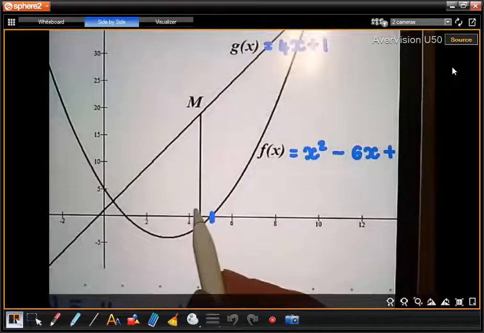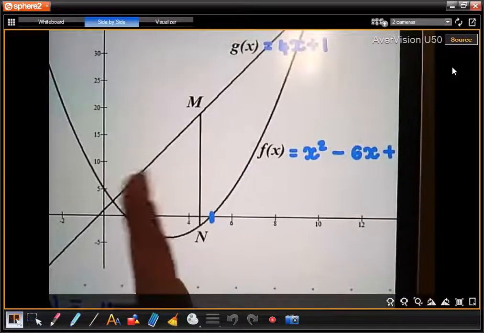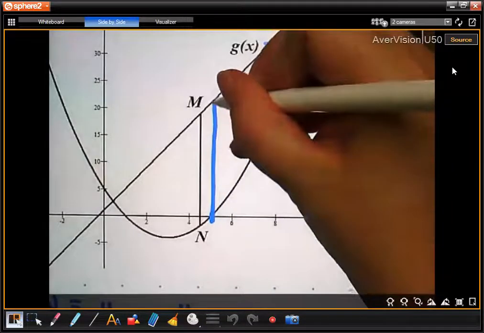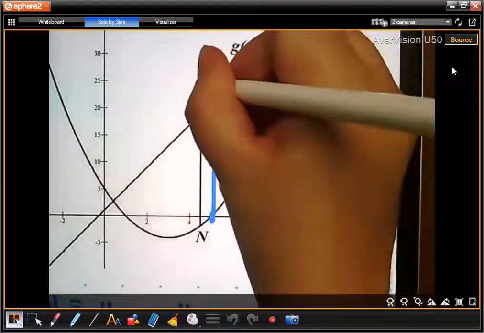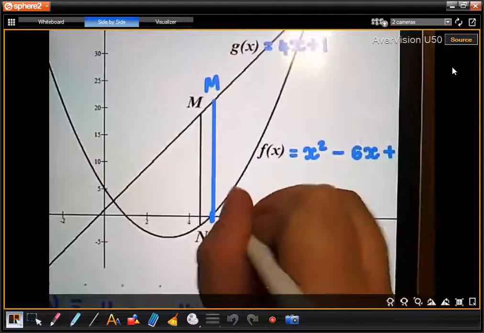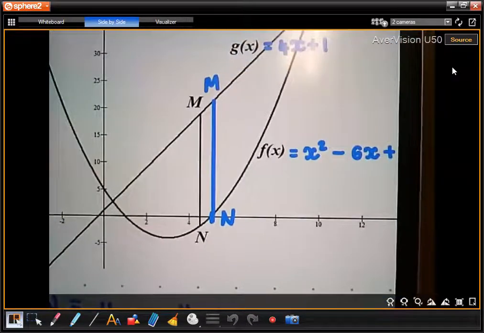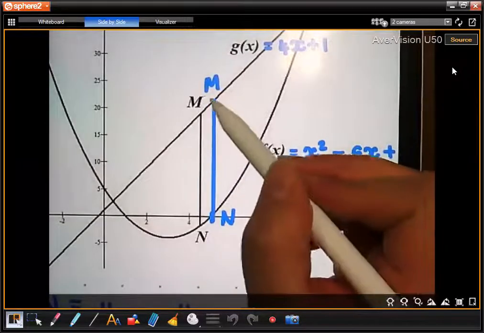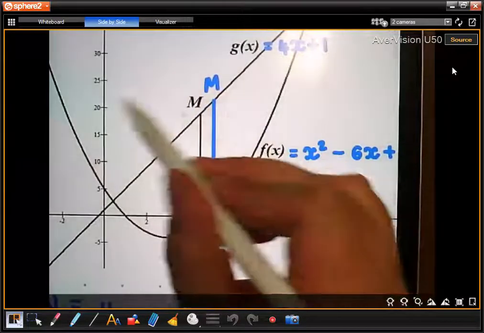So they didn't even draw it at x equals 5. So they're actually saying that over here, if we wanted to draw that line in there, if M was actually over there and N was there, that would be the maximum distance between those two graphs. Okay, it would be 21 units. And that always looks more accurate because that in here is 0, and that kind of looks like it could be 4. Okay.